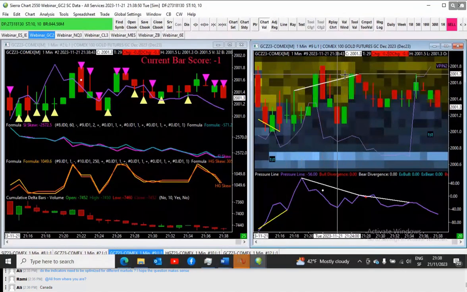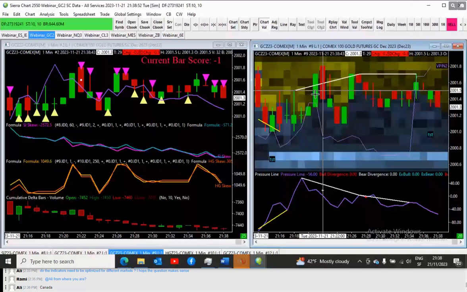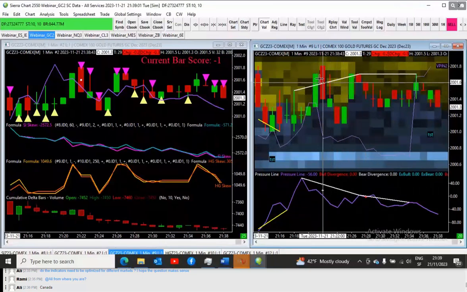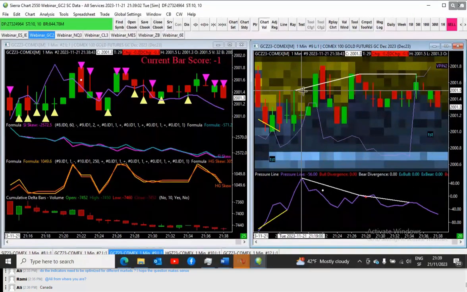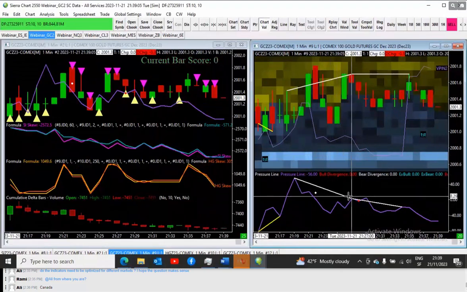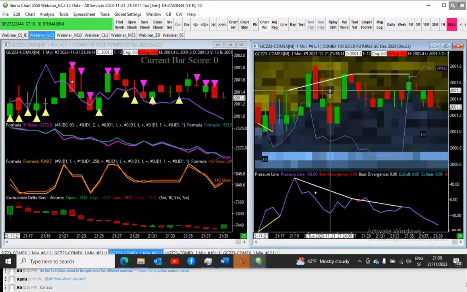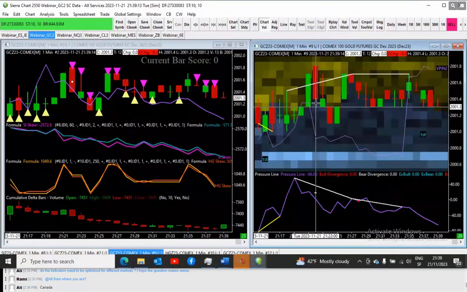As a sort of confirmation, what I'm showing here is, again, I've got the pressure line, this time in a separate panel. And what I'm looking for is a direct divergence between the pressure line and price. Now, the indicator that draws these lines, a thing called market divergence, again, part of the Often package.